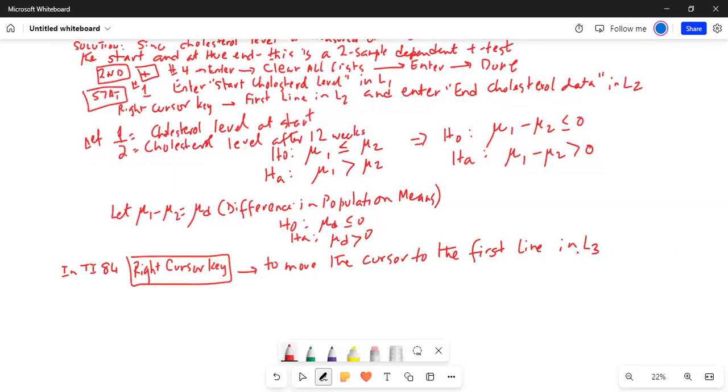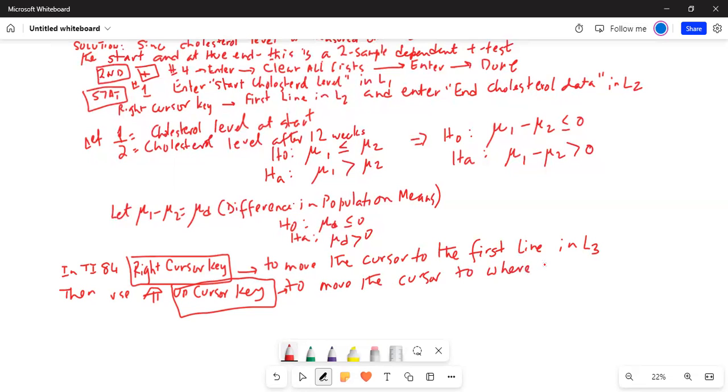Then use the up cursor key to move the cursor to where L3 is written.